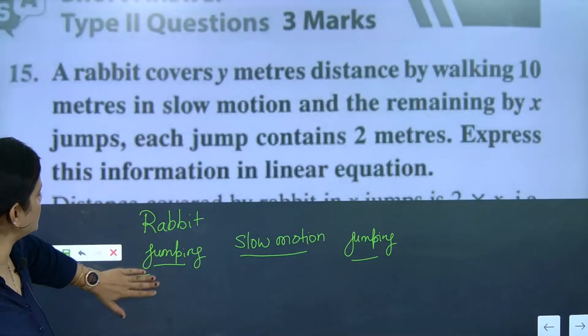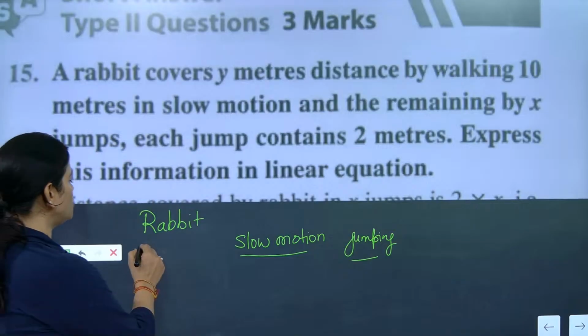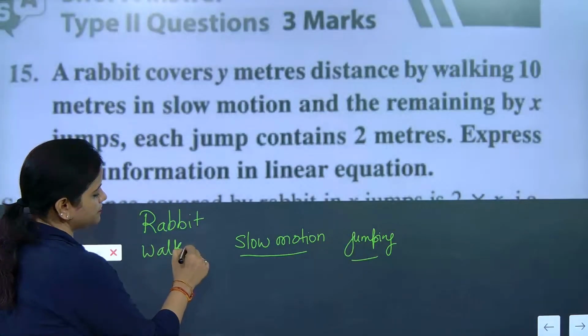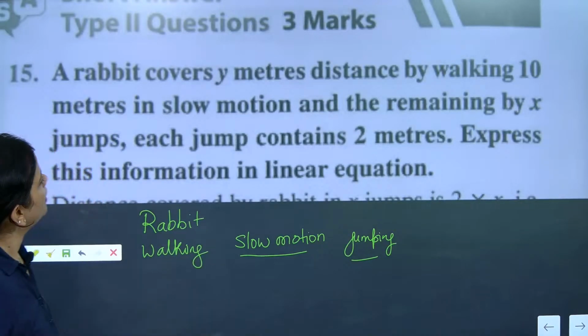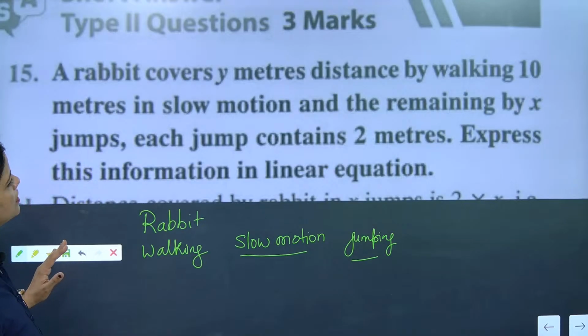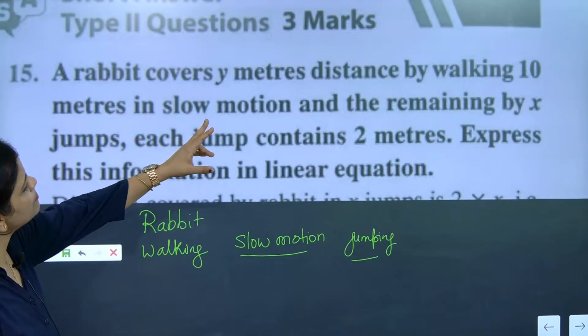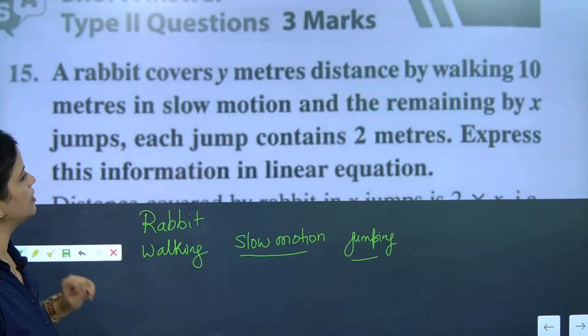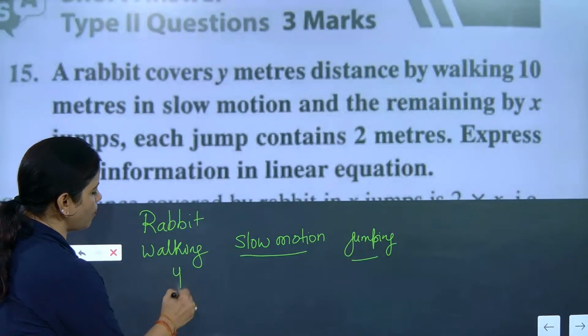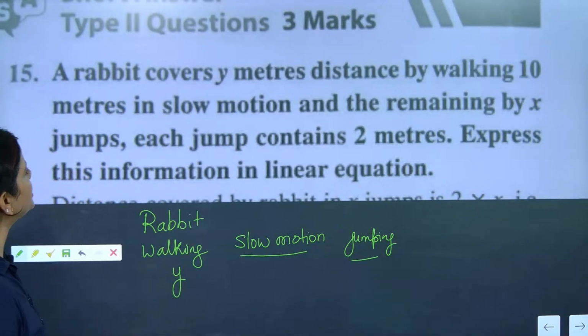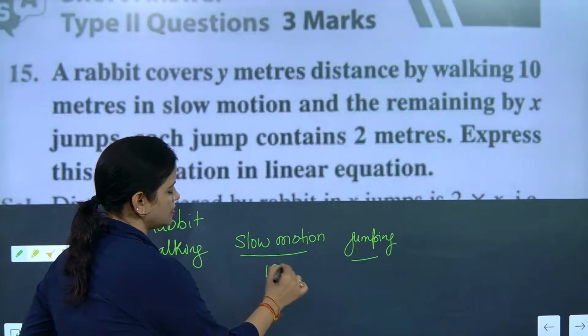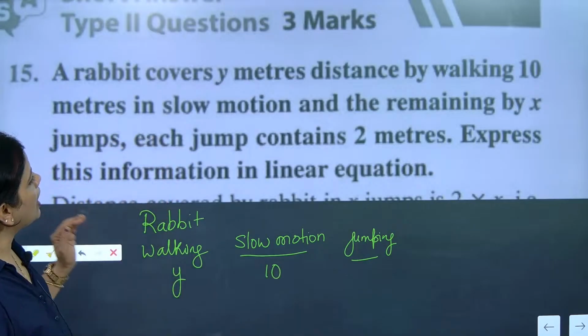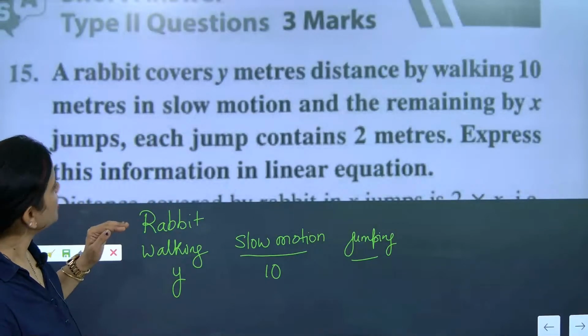So the rabbit covers, this is walking, slow motion and jumping. Now walking, the rabbit covers y meter distance by walking, 10 meters in slow motion. And the remaining x jumps.